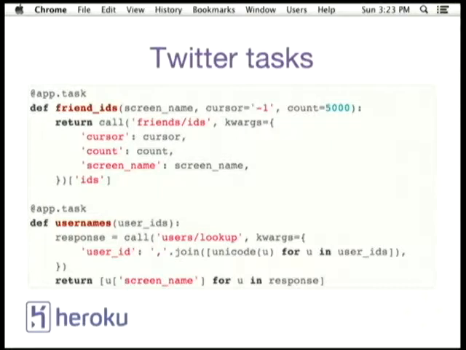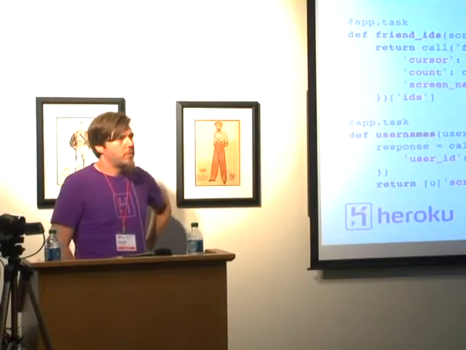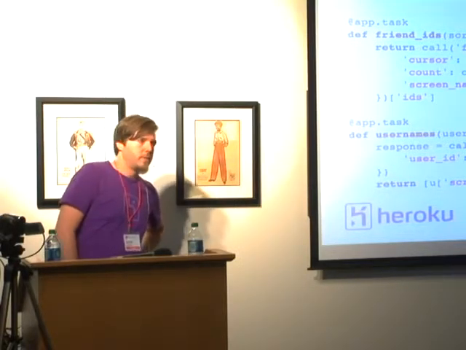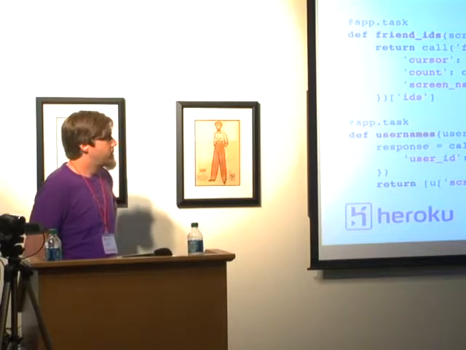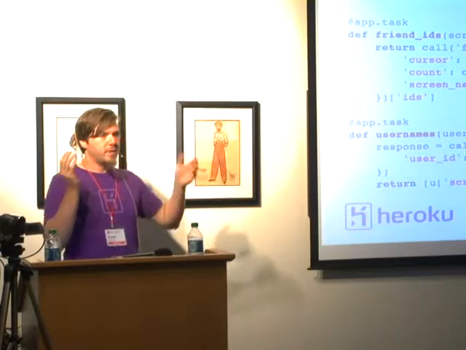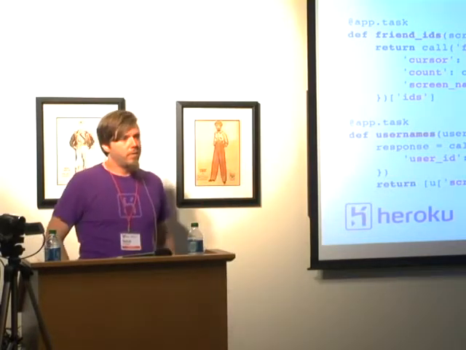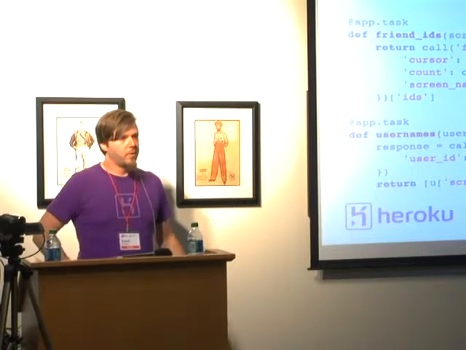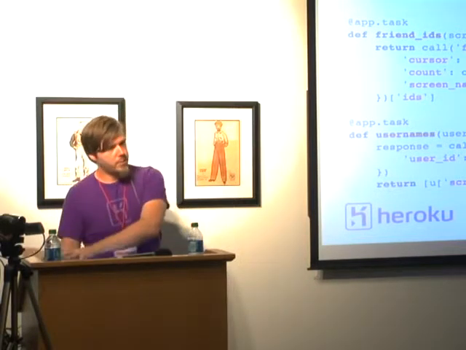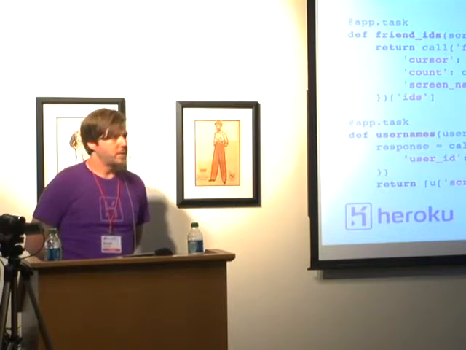But if we want any other information on those users than their ID, we have to request the full user object, and Twitter limits those calls to 100 IDs per call. So in order to get a full list of 5,000 usernames, we would have to make a single API call for all the IDs, and then 50 API calls of 100 apiece in order to get the usernames out of the user objects. You can see how this would be a natural fit for the weave concept that I've created.